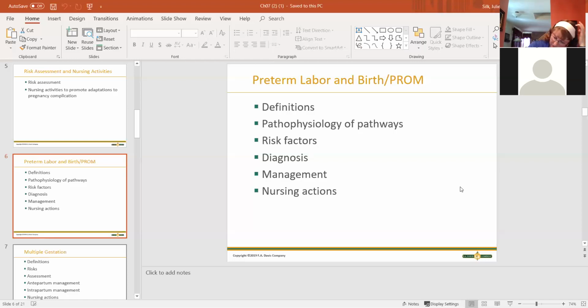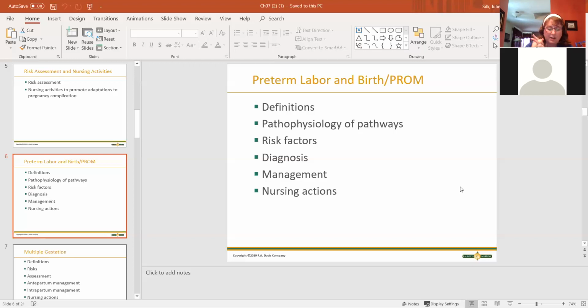Now, there also is a little bit of risk to the newborn when they're born early, so they can have complications from prematurity. We talked about a lot of that in some of the other chapters, of what they might look like if they come out a little too early.